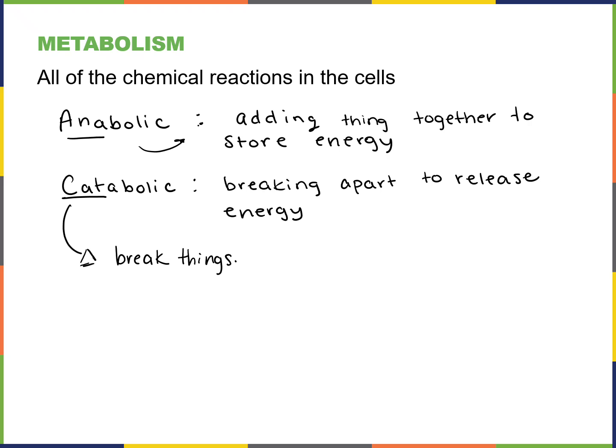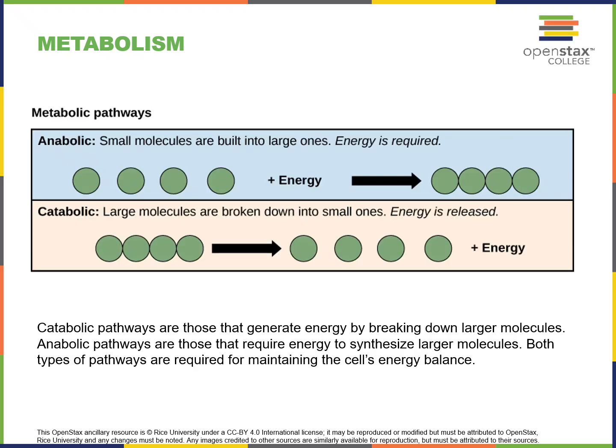Catabolic is breaking them, anabolic is adding them back together. Like I said, this is kind of that anabolic and catabolic processes. So anabolics will add things together to store energy, require energy. Catabolic breaks them down, and you get energy as a product.